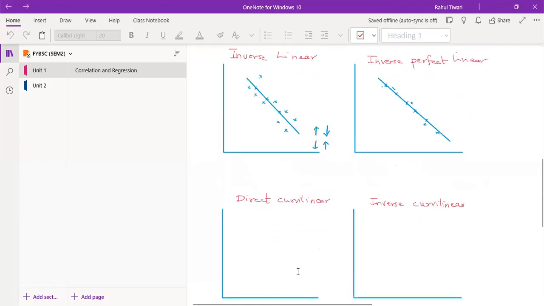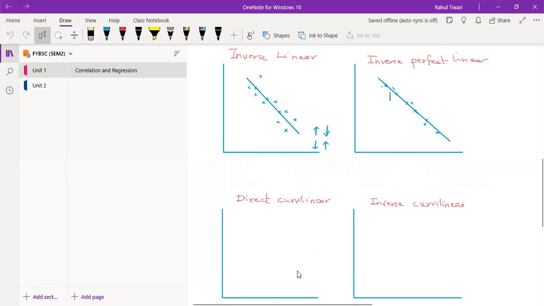Because your data will be in the form of a curve. It will look like a curve. Are you getting my point? Something like that.